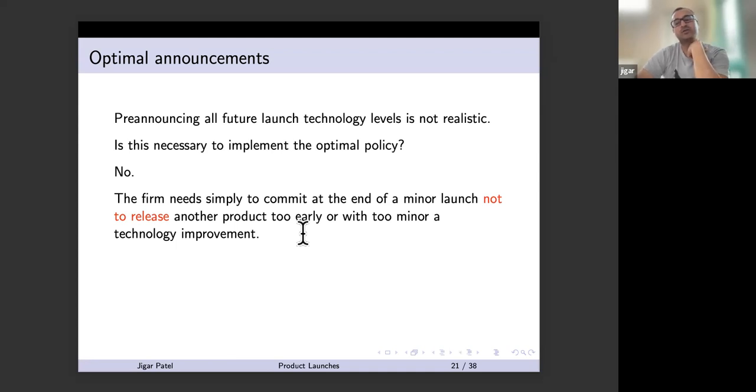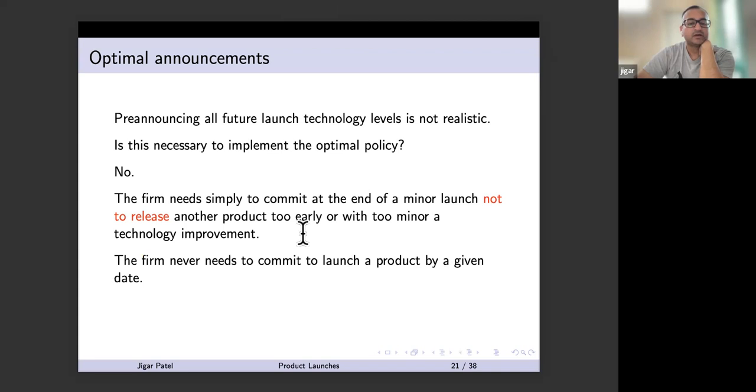We are not going to launch a product that will have a minor technology gain compared to the current one that we are launching. And that's enough to implement the policy that gives them more revenue. The firm never needs to commit to launch a product by a given date. That's understood, simply because we are committing to a technology level, and whenever that technology level is hit, that's the hitting time at which you launch a product.